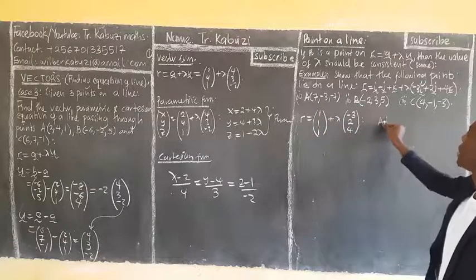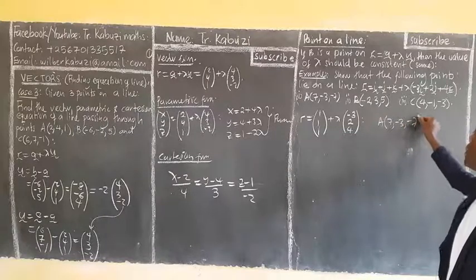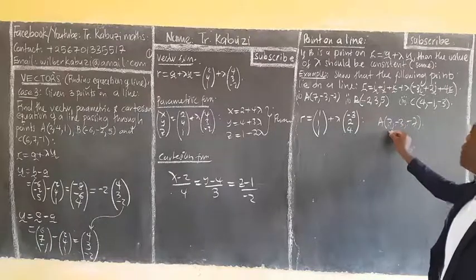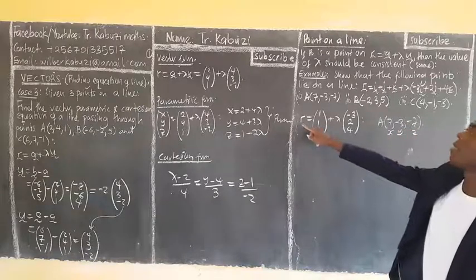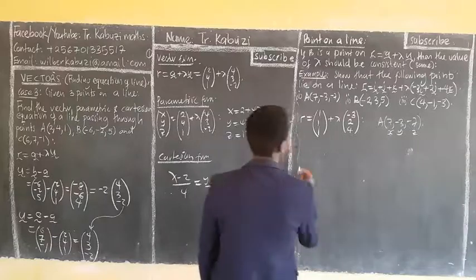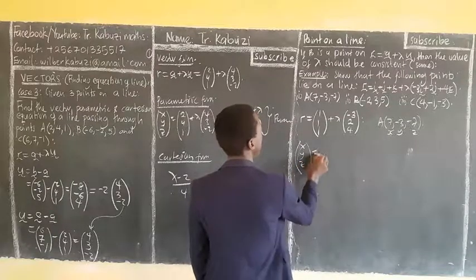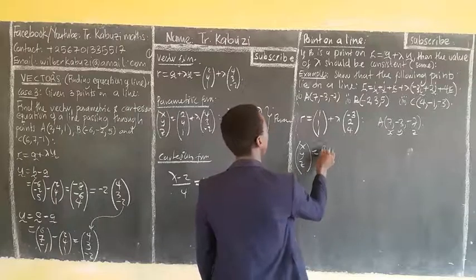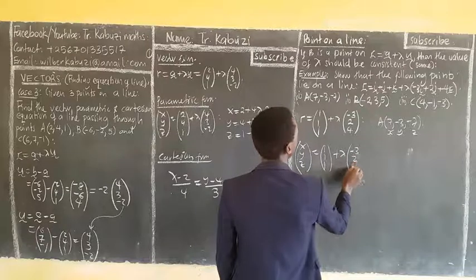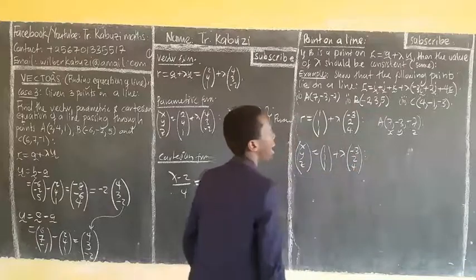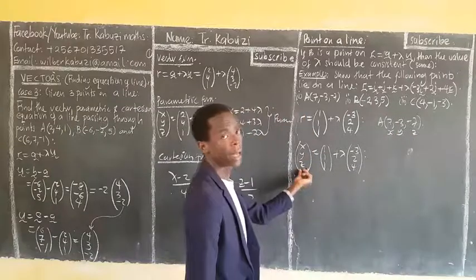My point A is 7, negative 3, negative 7, which is in the form of x, y, z. So I can also express the line in the form of x, y, z, which will be 1, 1, 1 plus lambda negative 3, 2, 4. From there you pick the values of x, y, z and put them here.